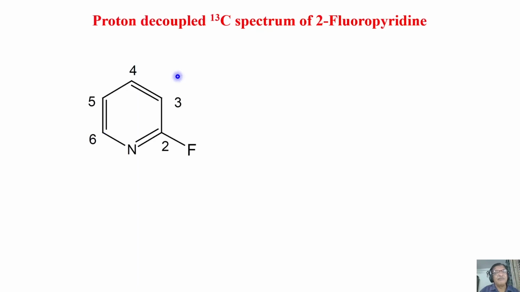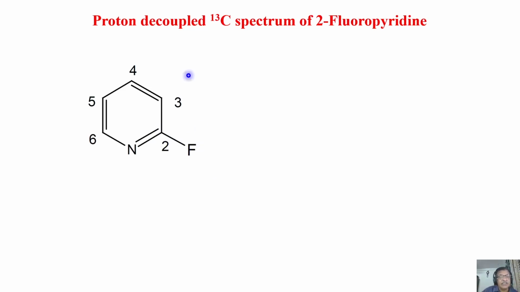Now take the simple example of a proton decoupled carbon spectrum of 2-fluoropyridine. It is a simple molecule. There is a fluorine here. So what are the things you are observing here? This is a one-bond carbon fluorine coupling. This carbon has to be a large doublet because one-bond CF coupling is quite large, of the order of about 250 to 300 hertz or even more, sometimes 350 hertz.